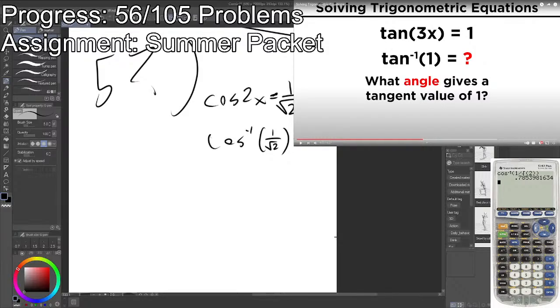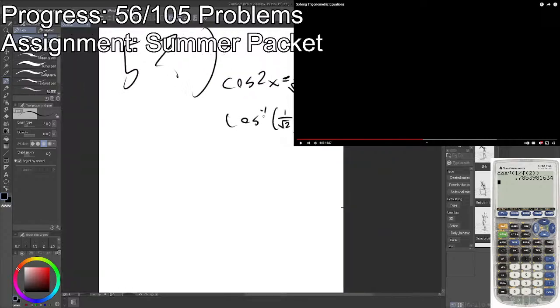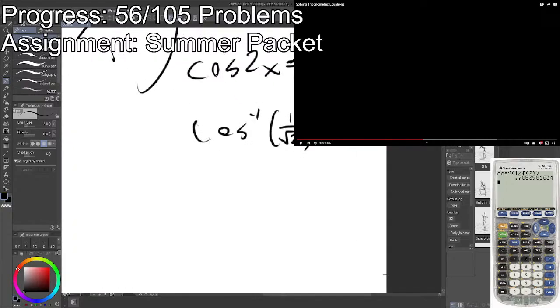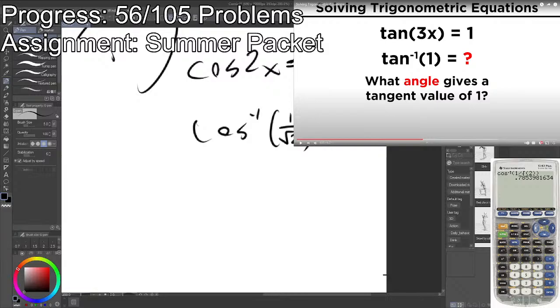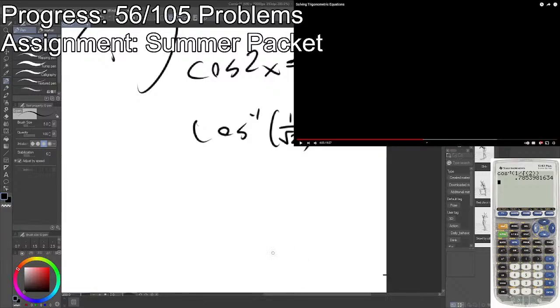Okay, so this is finding the angle. I'm still trying to figure out inverses. That's why I'm having trouble. And it gave me this number. I don't know how to make this the form I want it to be. So I'm just gonna have to guess. Maybe.